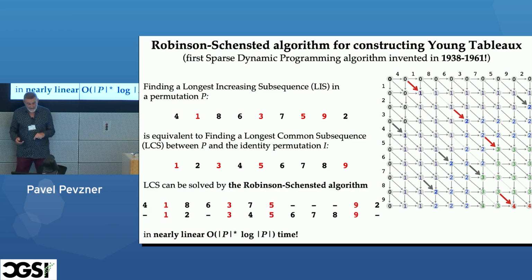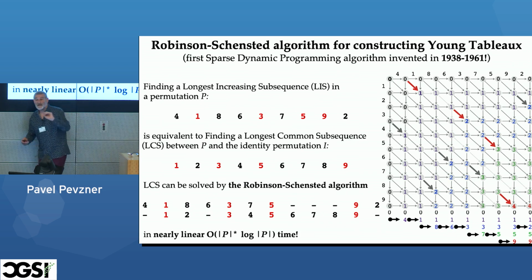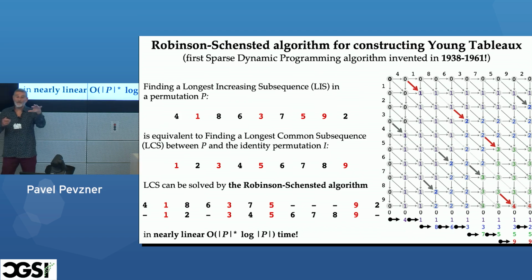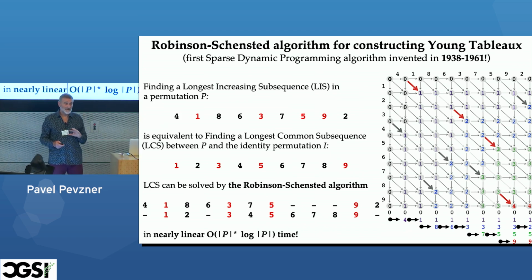And it's just a different way to solve the same problem in nearly linear time, P log P time. It doesn't build a dynamic programming table, and I would say it's more beautiful. This is sparse dynamic programming. As soon as you have a small number of entities to chain, you should use sparse dynamic programming rather than dynamic programming.